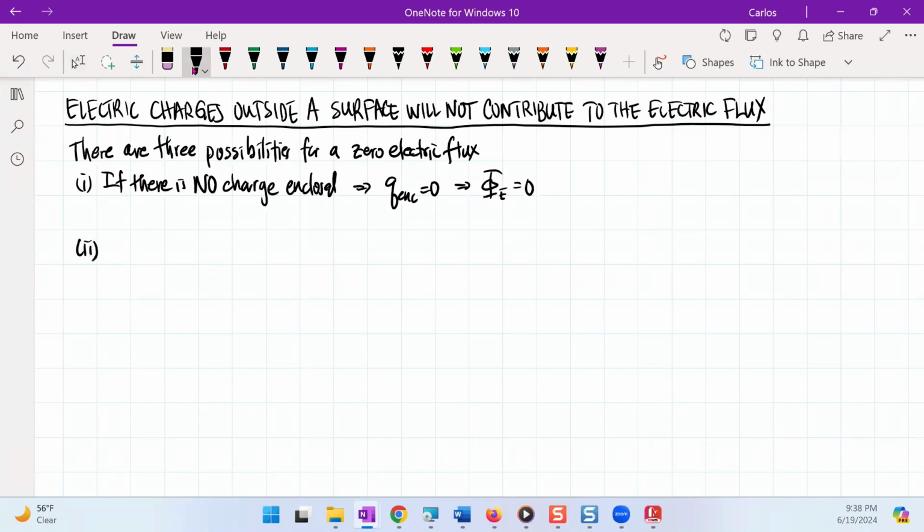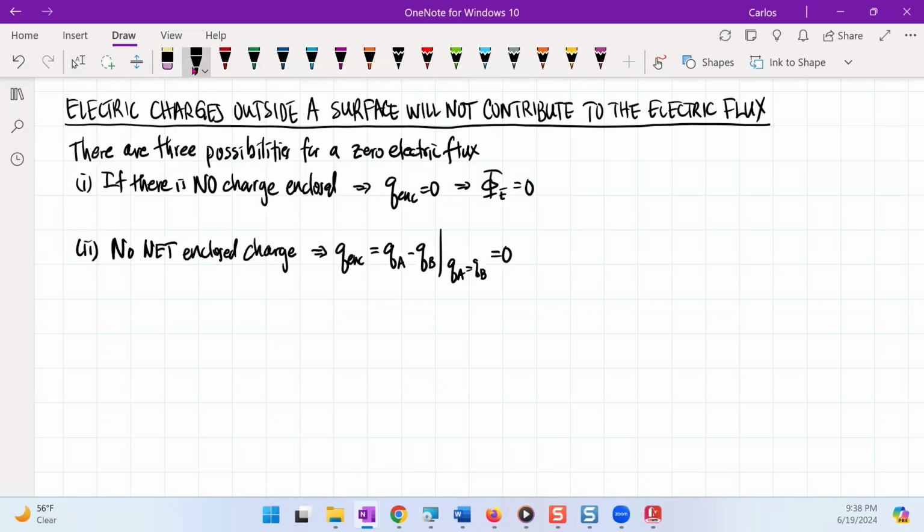The second one is that we have no net enclosed charge. Again, this implies that I could have an enclosed charge where I have two different charges, maybe charge A and minus charge B, but they have equal magnitudes.